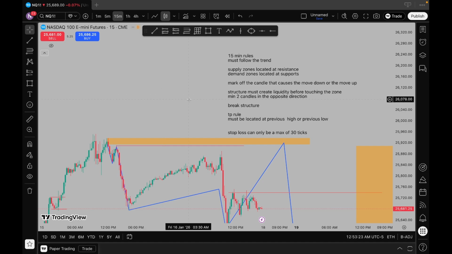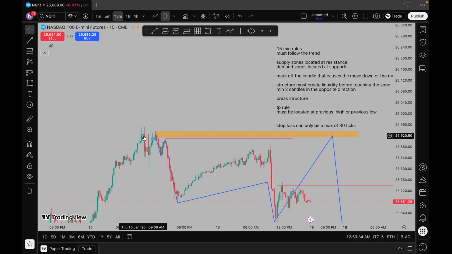Remember, this is the only way to trade supply and demand. If you're not trading supply and demand this way, the majority of the time you're not making a lot of money. Because look, this is technically a demand zone. You have multiple touches, right? And it's not going anywhere. This is technically a supply zone, right?